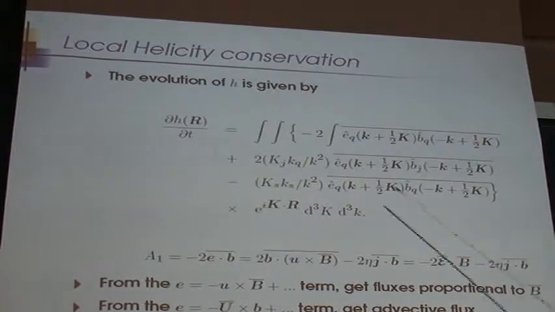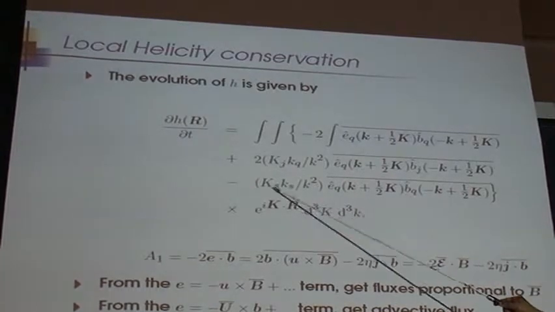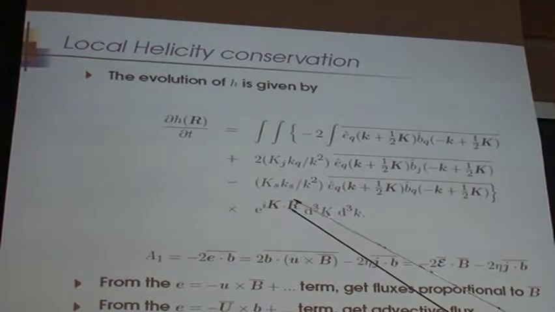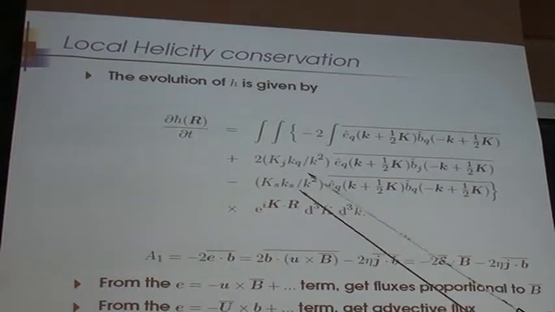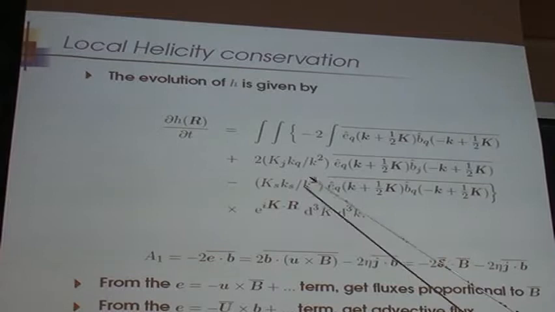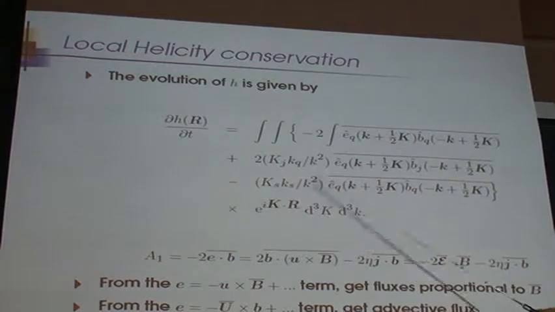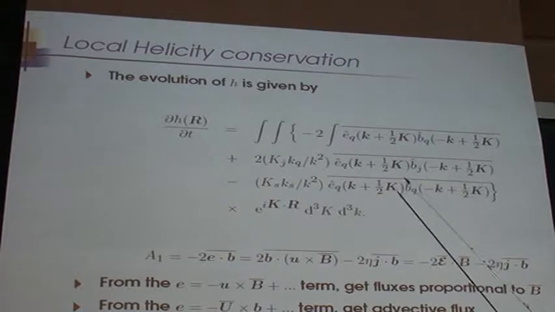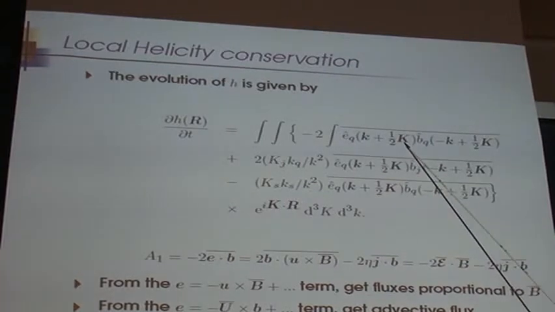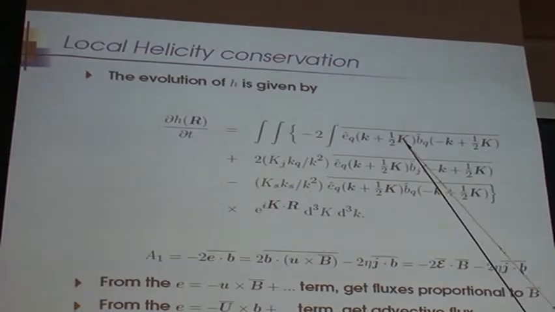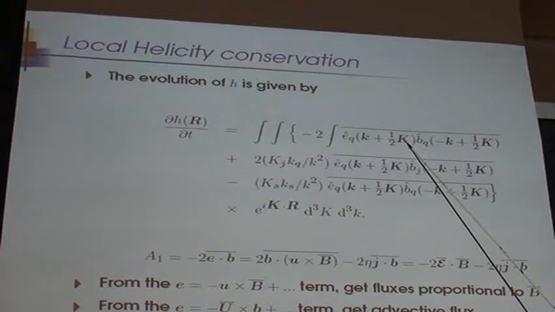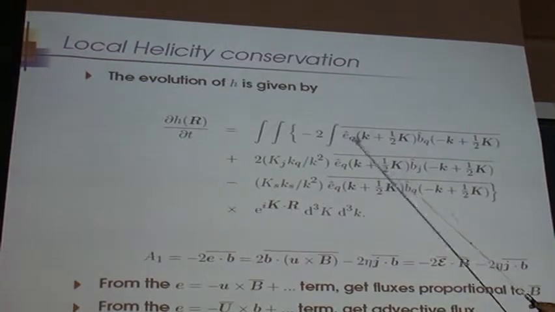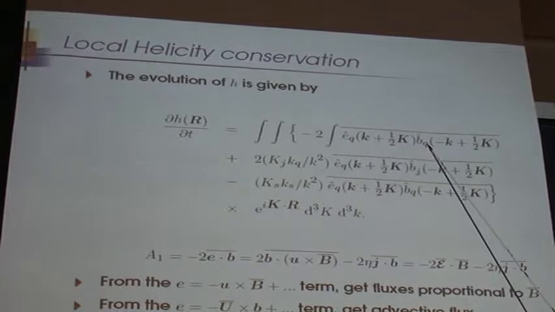But because in these terms there is already a capital K, which corresponds to a large scale derivative in R when you go back to physical space, if you only want leading terms in the derivatives in capital R, you can forget about the fact that these depend on capital K. This term doesn't have a capital K, but it's exactly the same term as you had before: small e dot small b average.